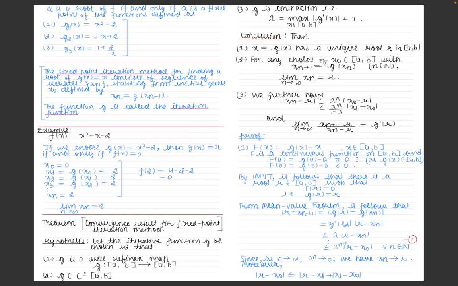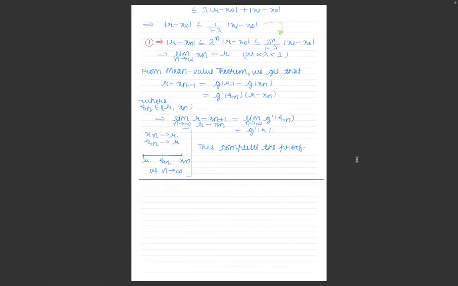Okay. Now if you again do this inductively you will get that, we have already proved |r - x1| is lambda, oh sorry, |r - xn| is lambda to the n minus 1.